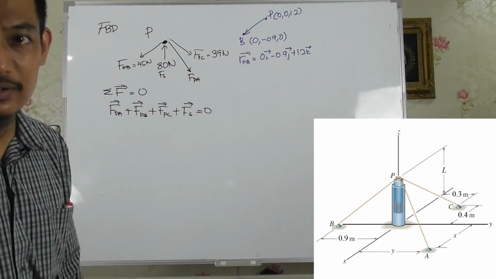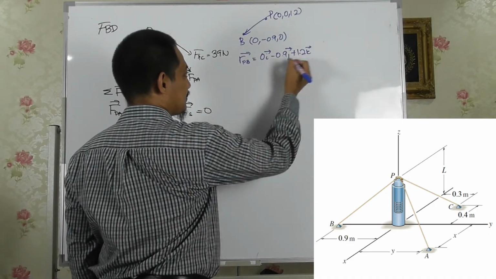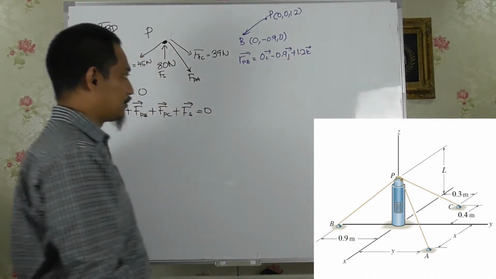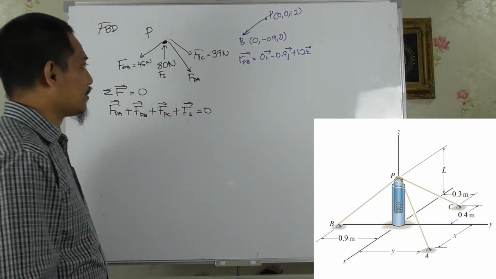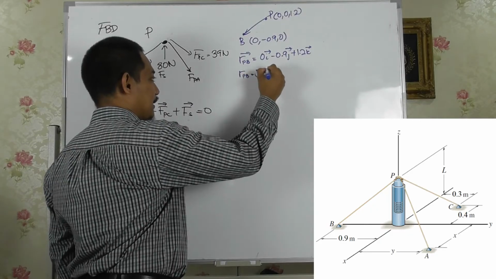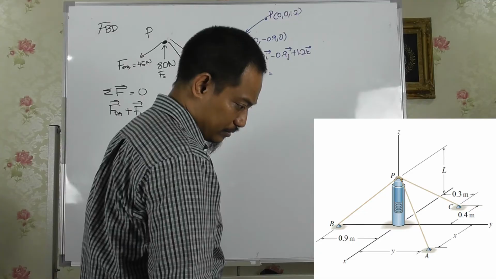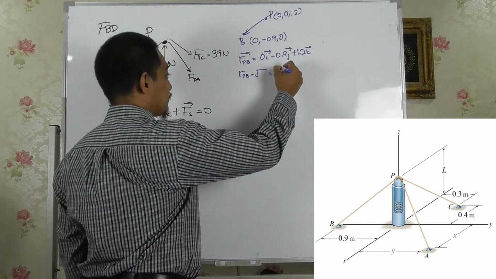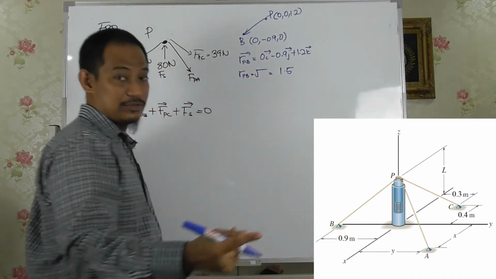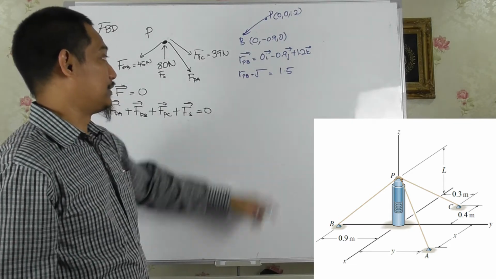Hopefully you can see the numbers, because the decimal point will be small. But you know how to get these values, right? And then RPB, the magnitude, if you calculate, you will get 1.5. I'm too lazy to write everything, but I believe by now you know what is going on inside.